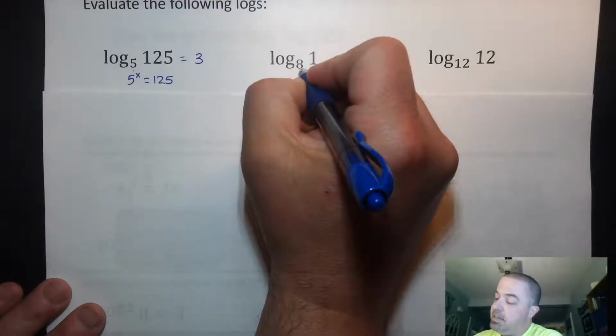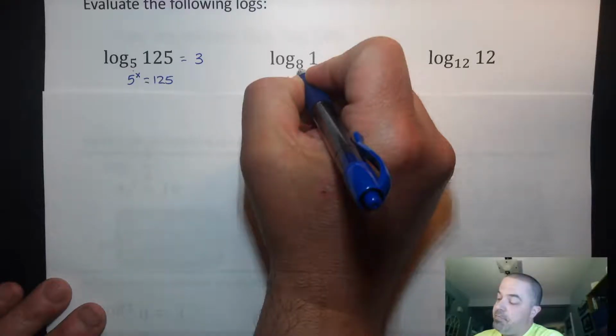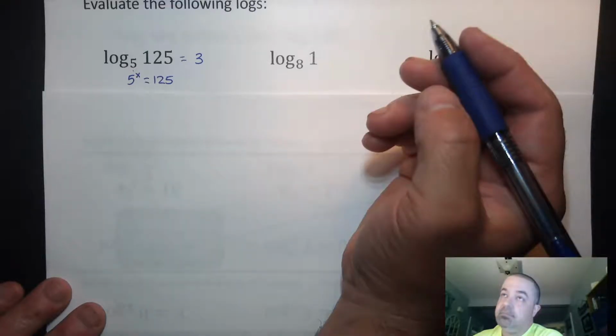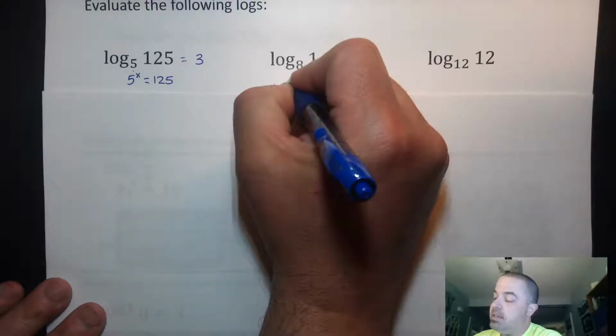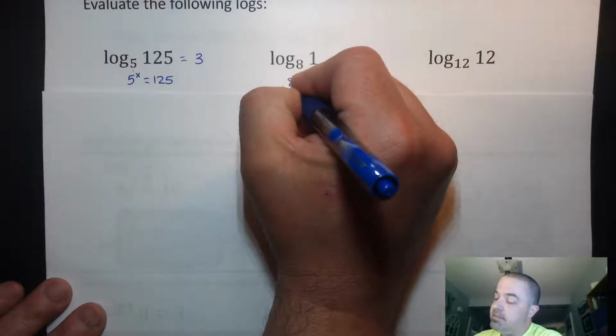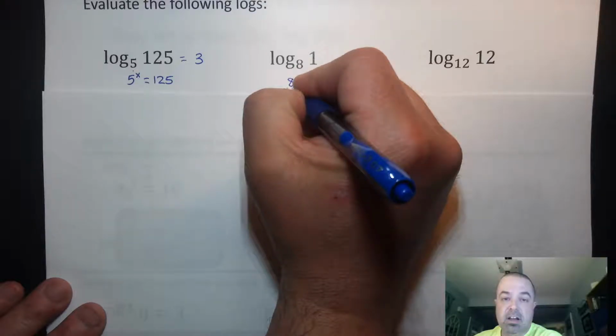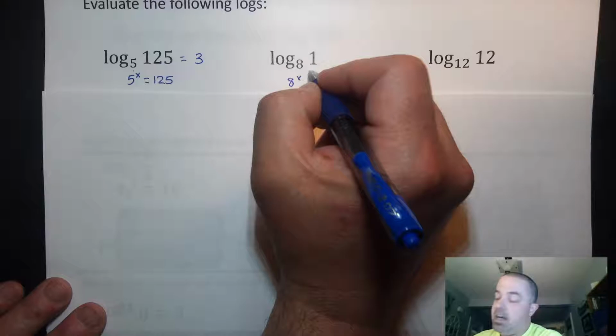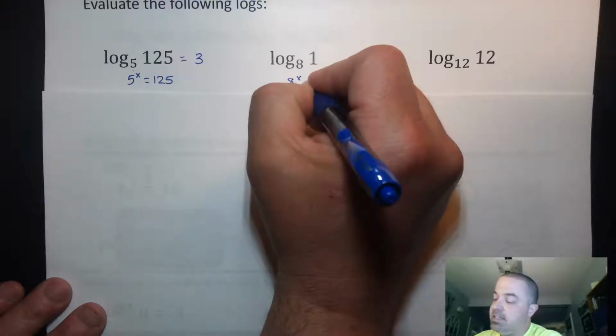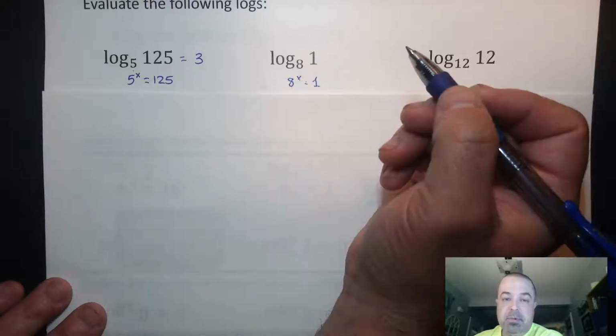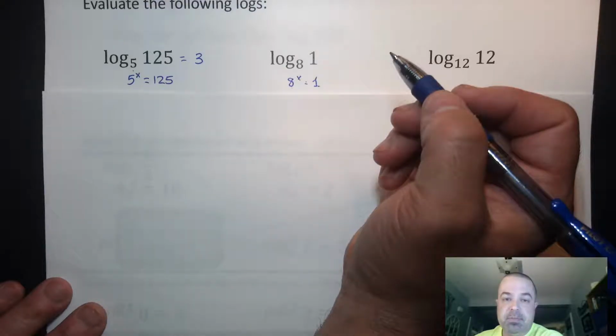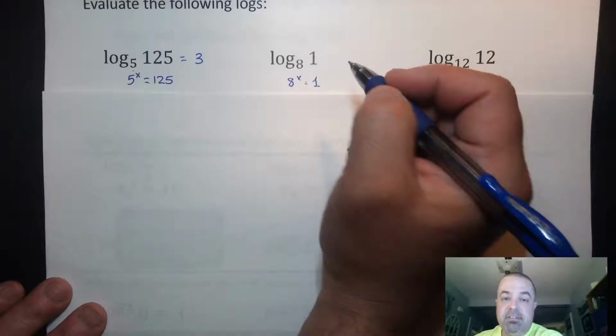Okay, so again, log base 8 of 1. Well, I could jump on the calculator, but if I think about this, remember, the question that the log always asks is, what exponent of the base equals the answer? What exponent of 8 equals 1? Well, if I remember my rules of exponents from Algebra 1, anything to the 0 power is 1. So that means x equals 0.